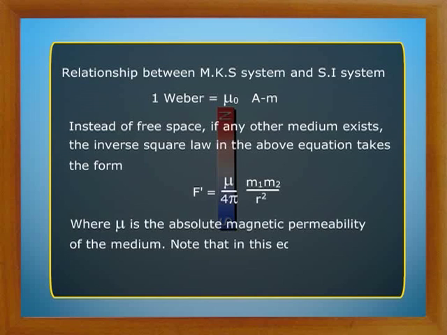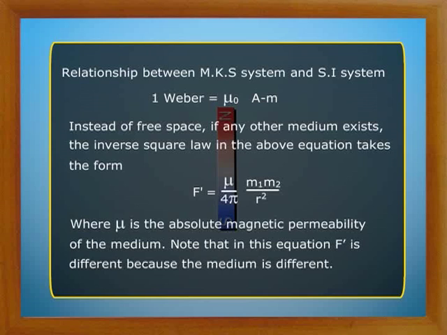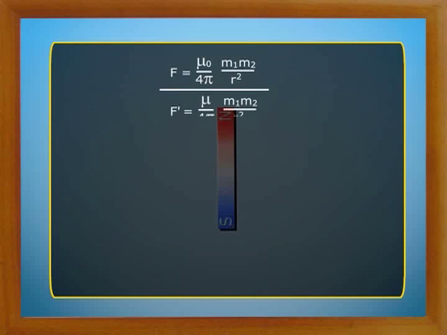Note that in this equation F dash is different because the medium is different. Dividing equation 3 by 2, we have F dash divided by F is equal to mu divided by mu0, which is equation 4.